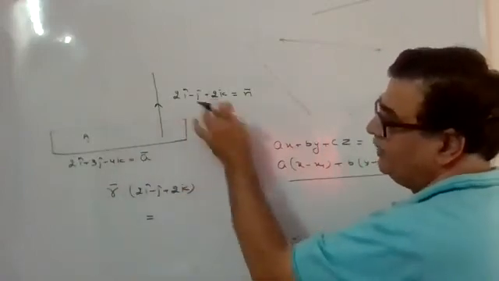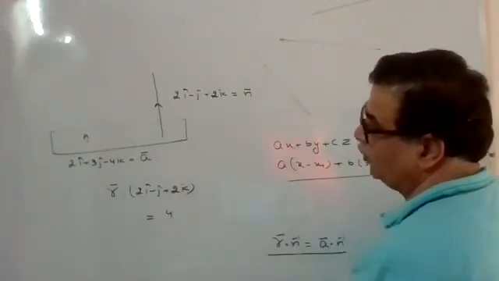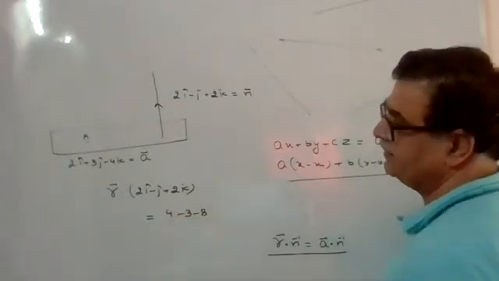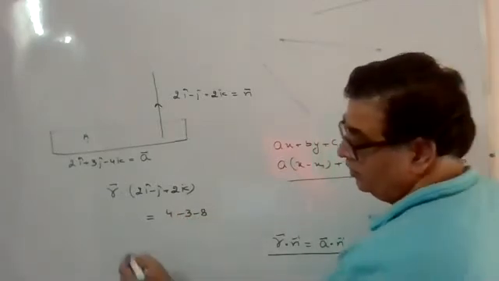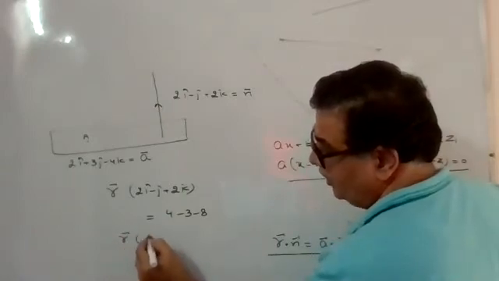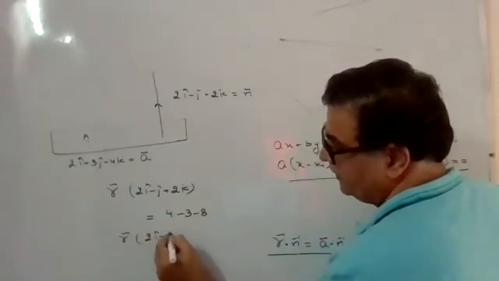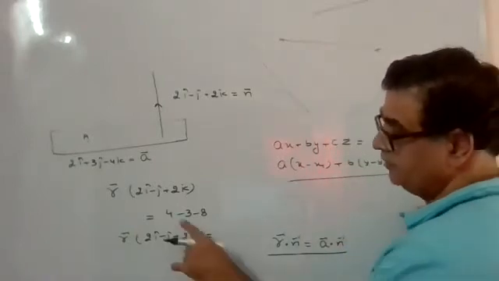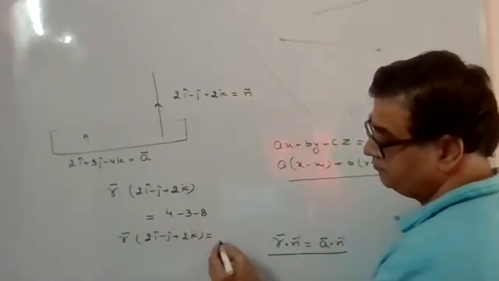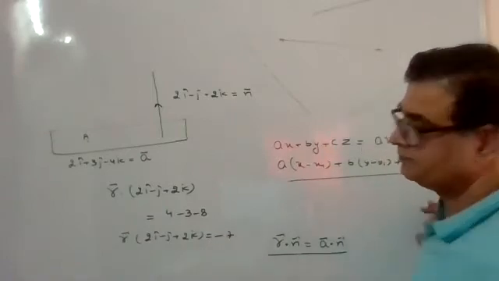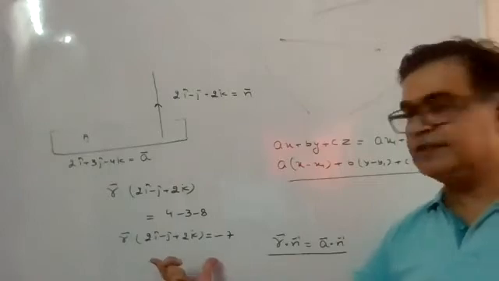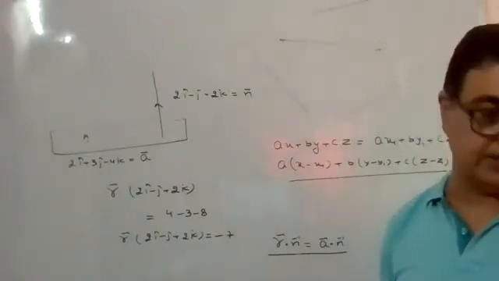So A dot n you can calculate: 2 twos are 4, minus 3, minus 8. So we get r dot (2i minus j plus 2k) equal to minus 7. This is called the vector equation of the plane.